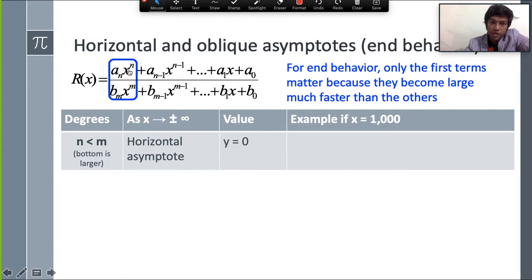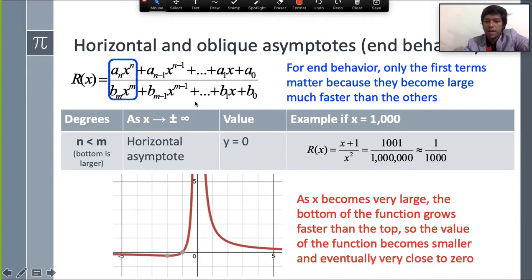Most importantly, first of all, look at the power of x. If the power of m is bigger, that means the power of x in the bottom is bigger, then our asymptote is very easy, and that is always y equals 0.